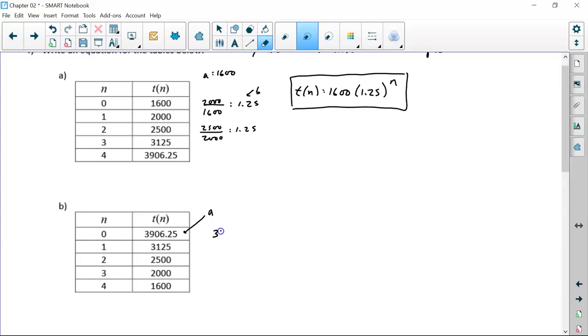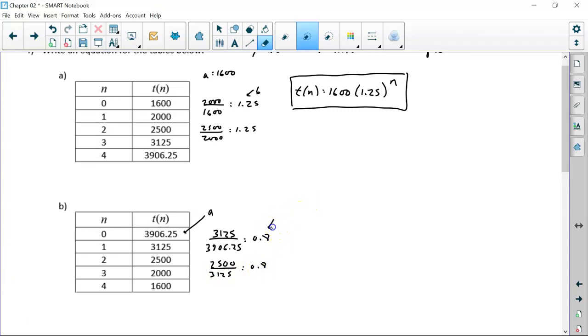So 3,125 divided by 3,906.25, you divide those, you get 0.8. You divide 2,500 by 3,125, you get the same value, 0.8, and you can keep checking as well.